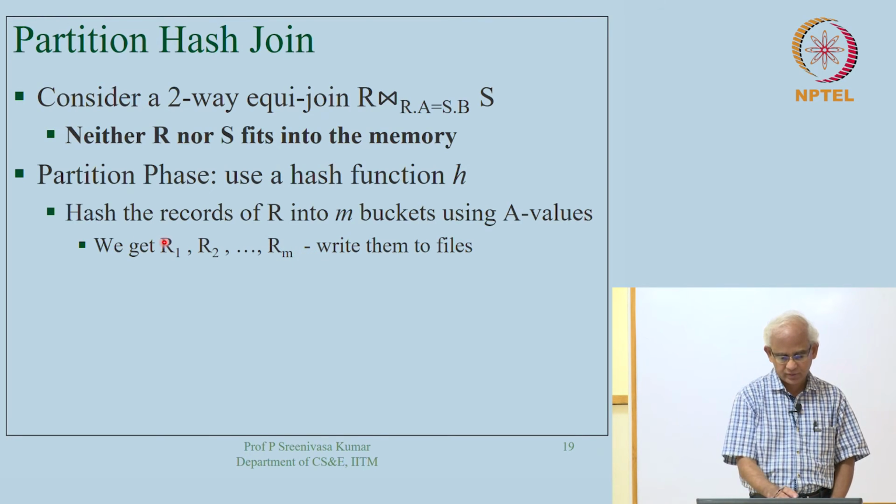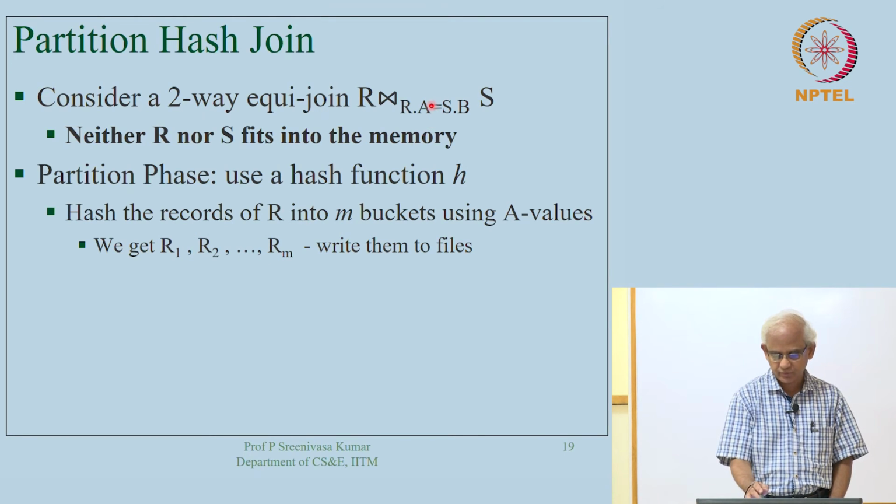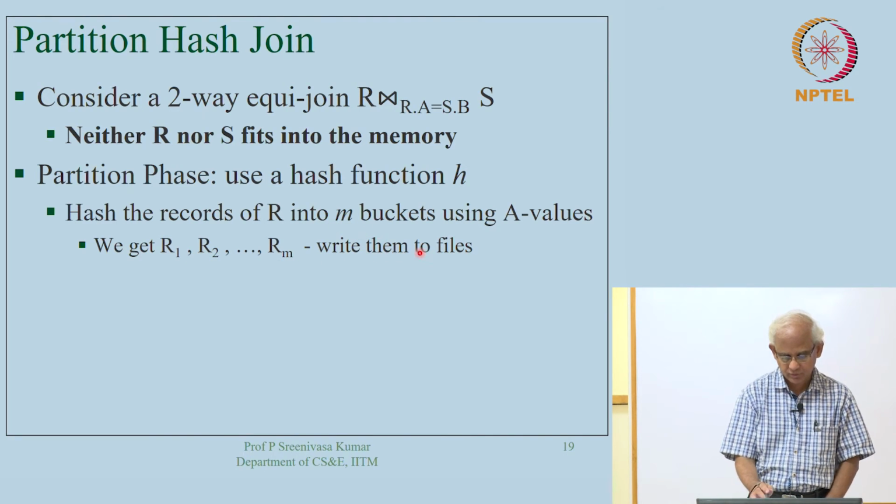The only property that these files have is that all those records that have a particular hash value will go into one particular file. I can choose this M to be large enough.